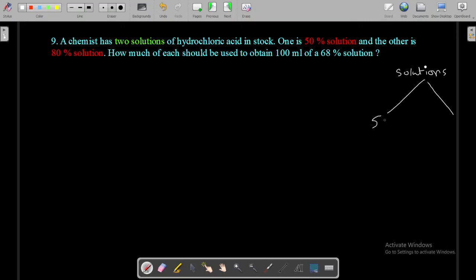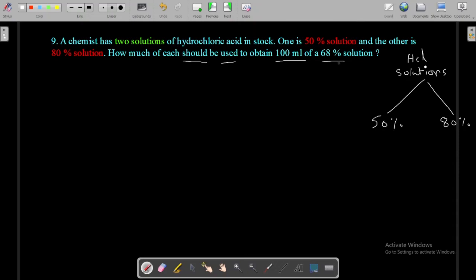One is 50% solution and the other is 80%. So they both are HCl solutions. That is our hydrochloric acid. So it is asking how much of each should be used to obtain 100 ml of a 68% solution.